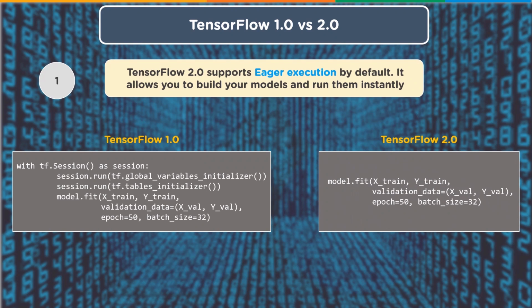So if I want to do with tf.Session, the session run, you have your variables, your session run, you have your tables initializer, and then you do your model fit. X train, Y train, and then your validation data, your X value, Y value, and your epochs and your batch size. All that goes into the fit.